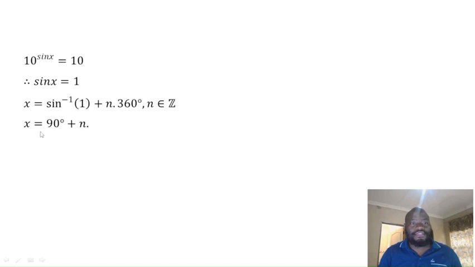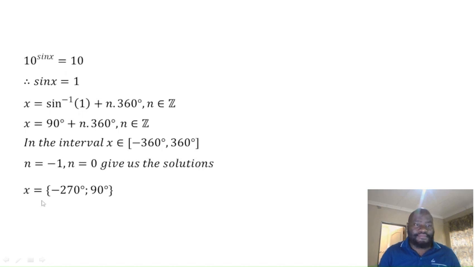The final general solution looks like this. Arc sine 1 is 90 degrees. So this is what we're going to be using to search for the values between the interval that was given in the question of minus 360 degrees to 360 degrees.